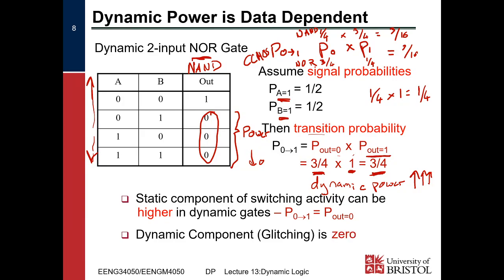If we look back at this slide, if you've got a NAND gate where we've only got one 0 in the truth table, and so we rarely discharge, it's better to have the scheme with a pull-down network, because most of the time we will stay at 1. Whereas with a NOR gate where we're discharging a lot, it's better to have a pull-up network in terms of power, because we're going to only rarely be charging back up, right?